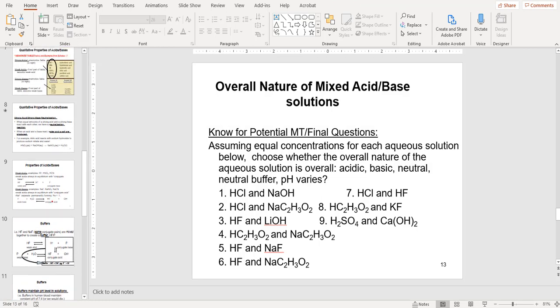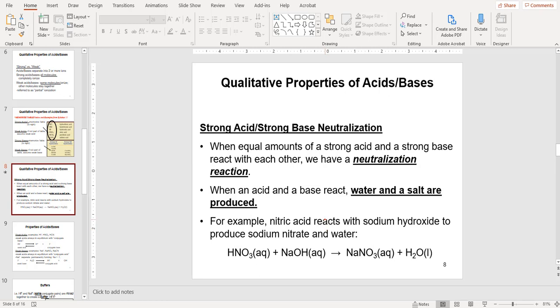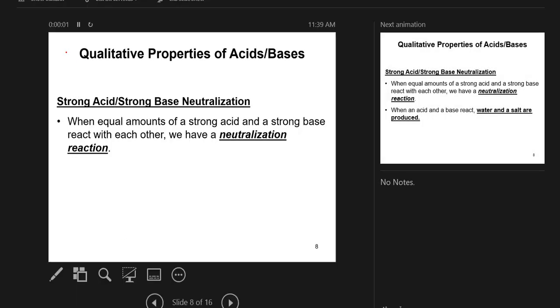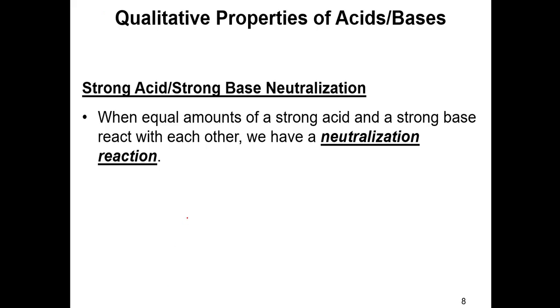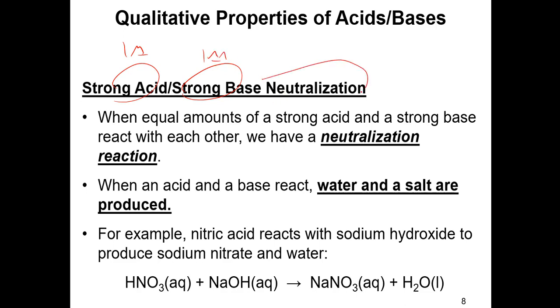Now, I'm going to go ahead and go back here and start talking about some of these acid-base interactions. So when you mix together a strong acid and a strong base, if they have equal concentration, such as 1 molarity, then there's going to be a neutralization reaction.